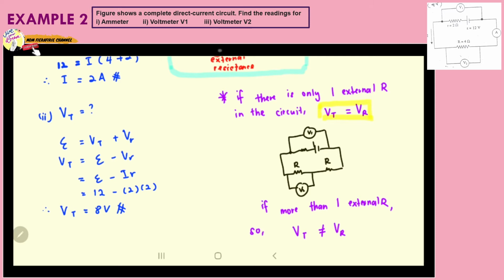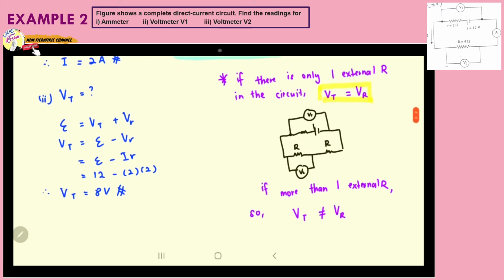In this case, V1 is not equal to V2, so we have to calculate them separately.